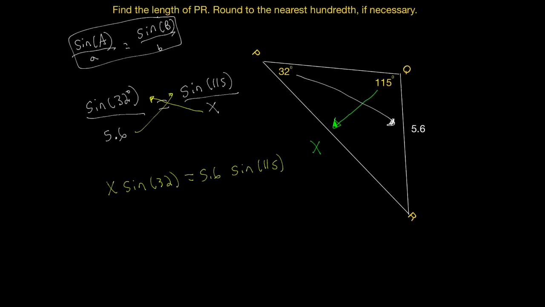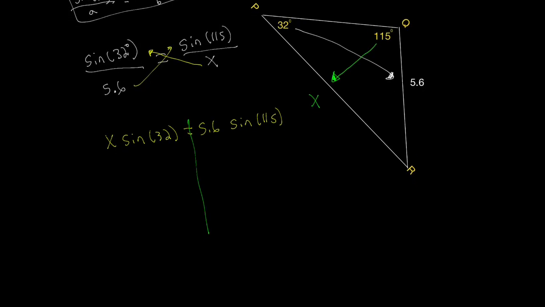And let's split this equation in half. On the left hand side, I have X sine of 32, and on the right hand side I have 5.6 sine of 115. The objective is to isolate x. So here, notice that we're multiplying. So in order to isolate x, I'm going to have to do the opposite and divide by that sine of 32.